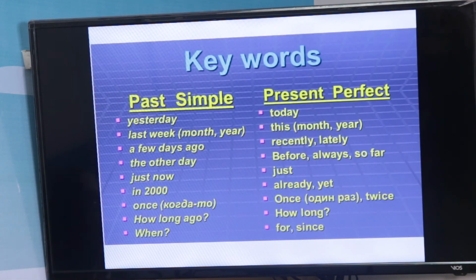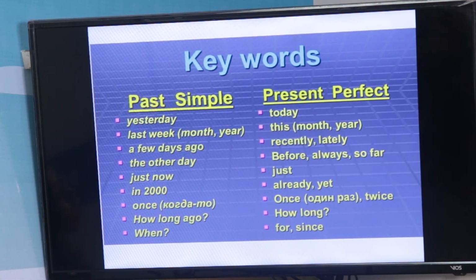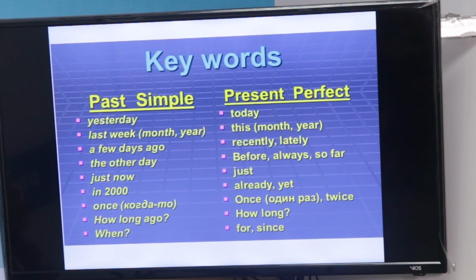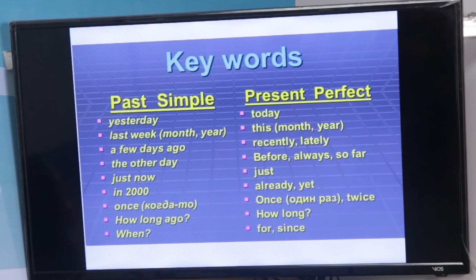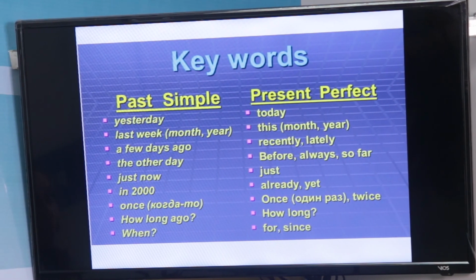Then we have some keywords that will help us to identify which tense we're talking about. For simple past we have yesterday, last week, last month, last year, a few days ago, the other day, just now, in 2000, once, how long ago, when.